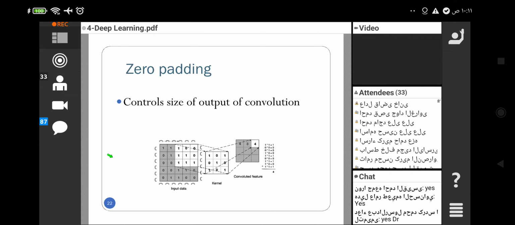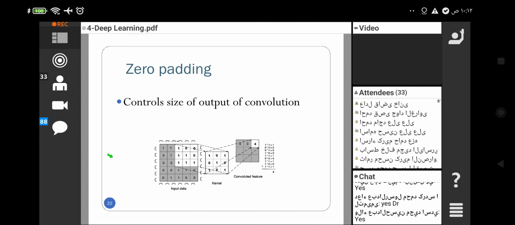Zero padding means that we add zeros all around the input. Padding means adding something around something else. So here we are adding some zeros around the input. This is called zero padding.